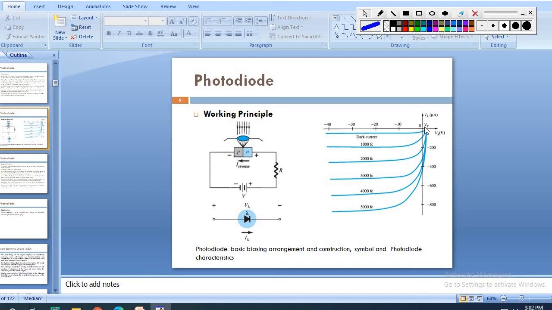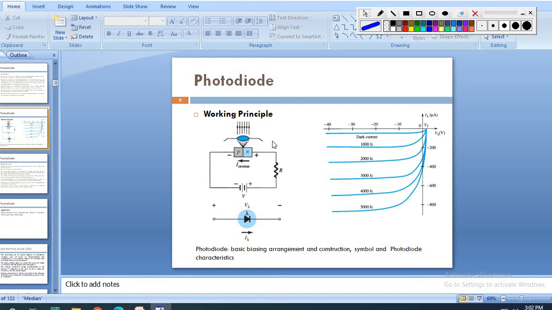Whenever the reverse bias voltage is applied, the reverse saturation current increases. At low voltage, -10, there is a dark current, and as you move toward -20, -30, -40 in reverse bias, the reverse saturation current becomes larger.